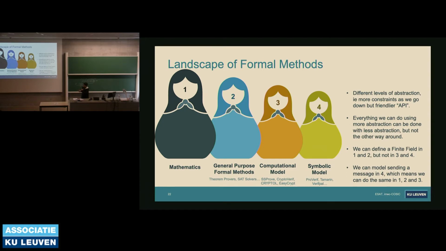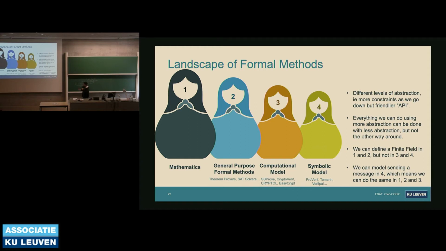The computational model is a step further, where some of these tools, for example SSProve and EasyCrypt, are an extension of a theorem prover called Coq. They use whatever guarantees Coq provides to go further and help us analyze crypto protocols. And then we have the symbolic model, which is also an abstraction, but not necessarily using these tools under the hood.